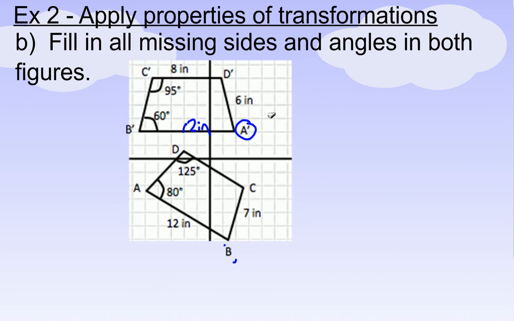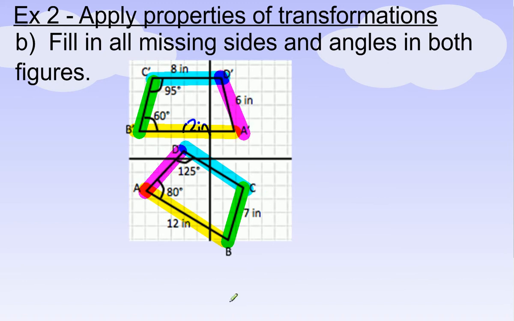I think I have a way to maybe make these sides a little bit easier to understand. So let me highlight here. So this AB is here, and AB is here. And then we've got BC, B prime, C prime, CD, C prime, D prime, and AD, A prime, D prime.